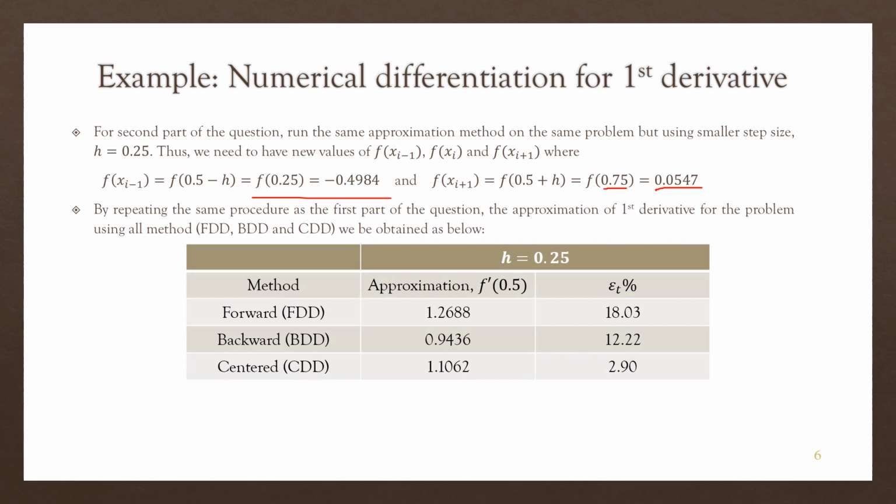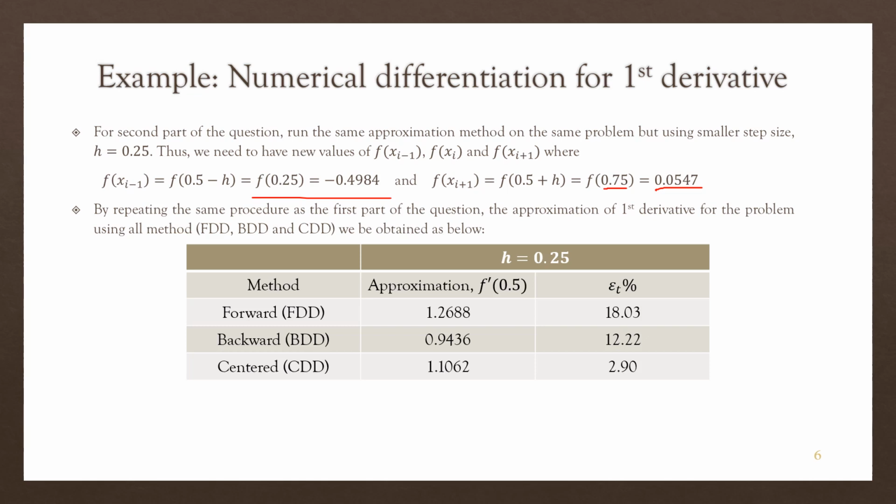So in summary, I simply put all the answers into the table. You can try it yourself to do all the calculations and make sure you get the same answer. It means that you get the correct calculation. So the approximation of the first derivative at x equal to 0.5 using the forward divided difference is 1.2688 with the true error of 18.03%.